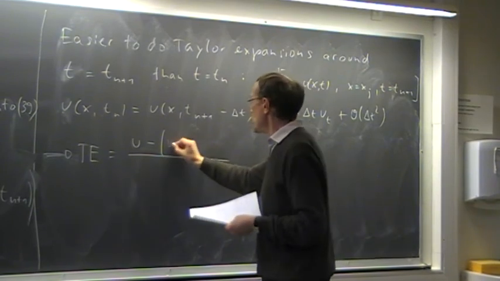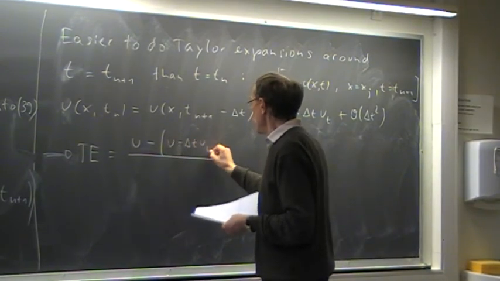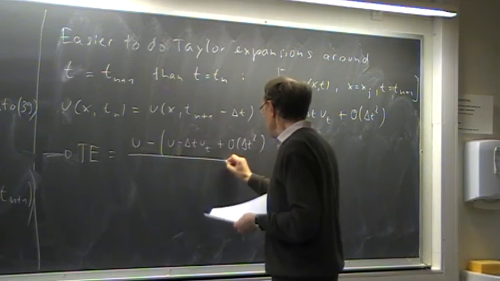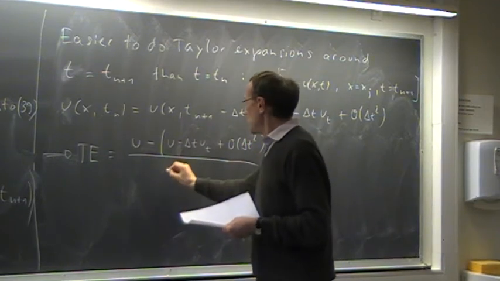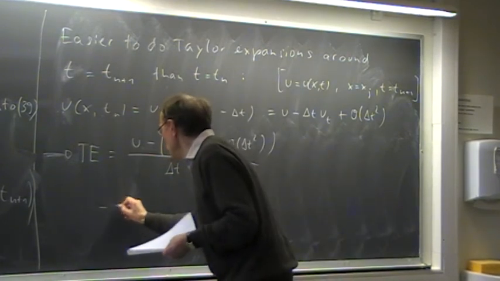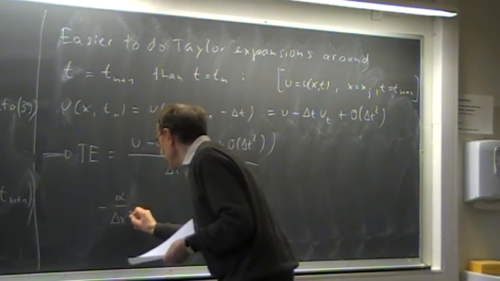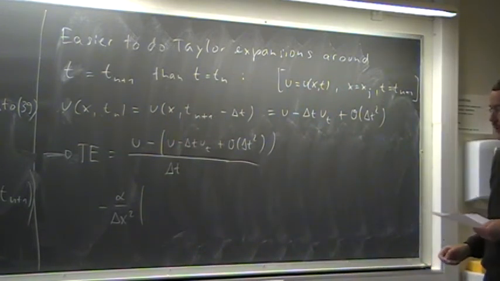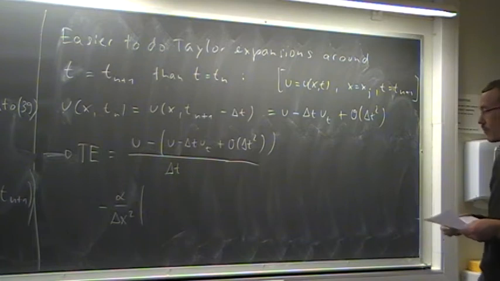So then that is u minus delta t ut plus order delta t squared, divided by delta t. And then we have the minus alpha over delta x squared. And then here we have the usual expansion, and I just write it.